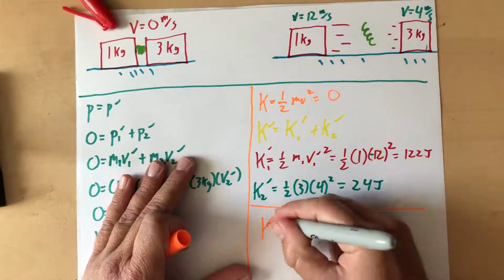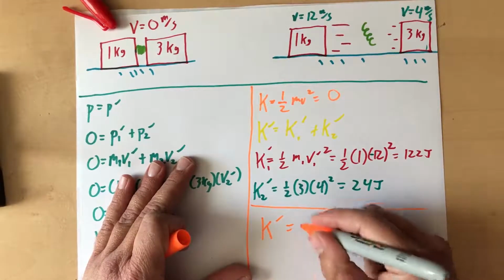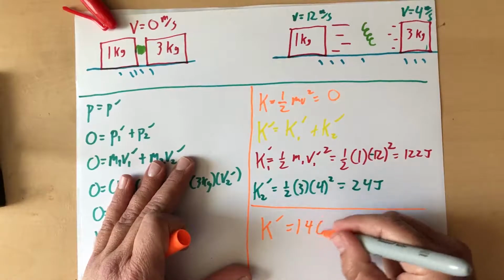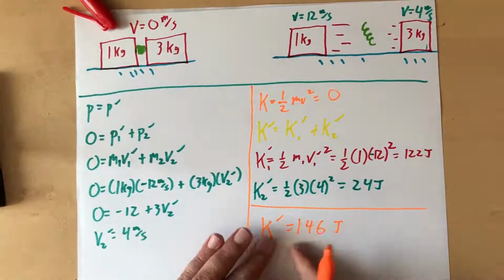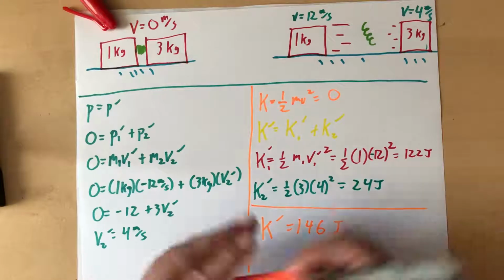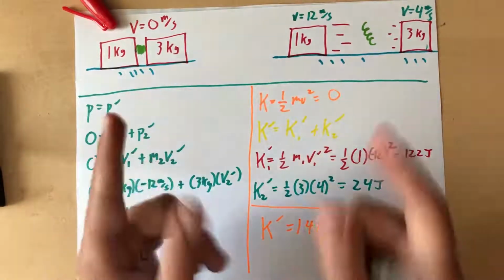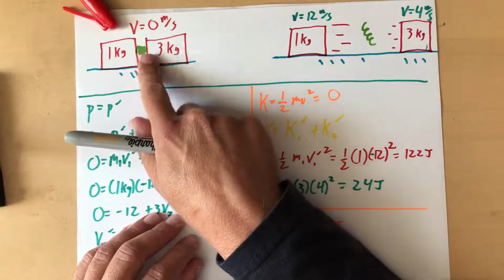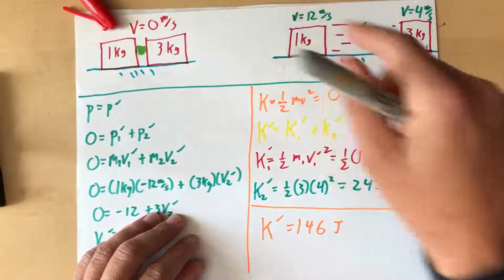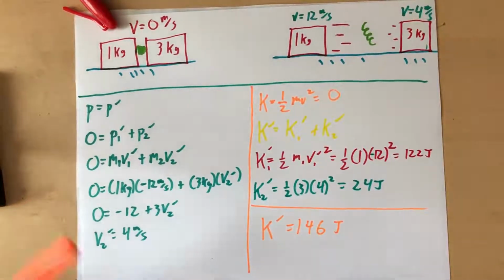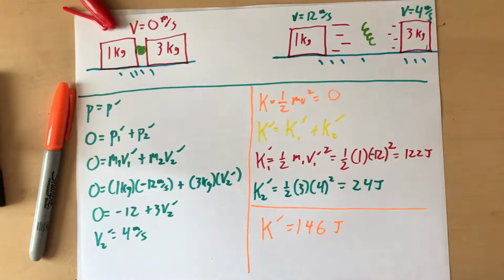So if you add that up, the total amount of energy afterwards is 96 joules. Where did that 96 joules come from? Does this violate conservation of energy? No, it was in the spring. The spring must have had 96 joules of elastic potential energy stored in it.